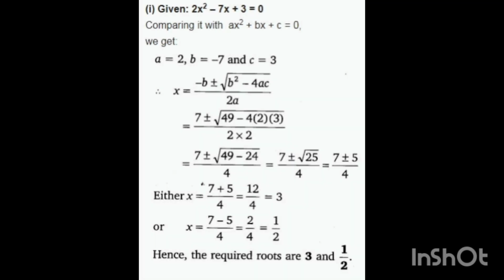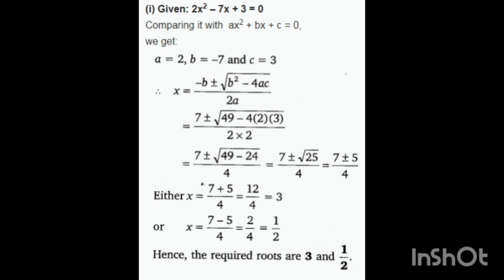Here another quadratic equation is 2x square minus 7x plus 3 equals to 0. By comparing this equation with the standard form of quadratic equation, we will get a equals to 2, b equals to minus 7 and c equals to 3. Then we have to put all these values in the formula. So x equals to minus b plus minus root over b square minus 4ac by 2a.